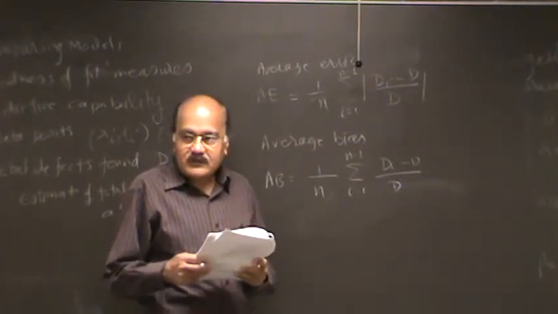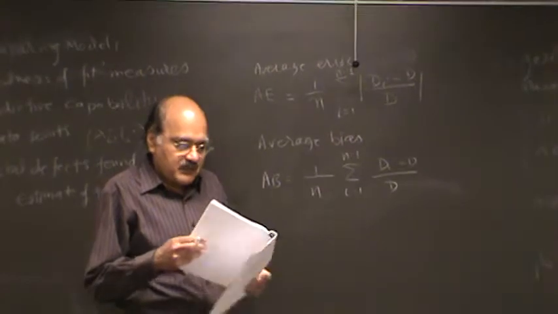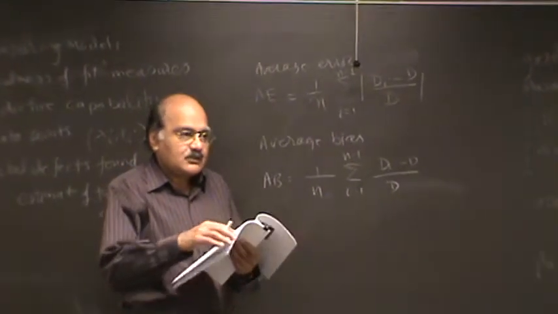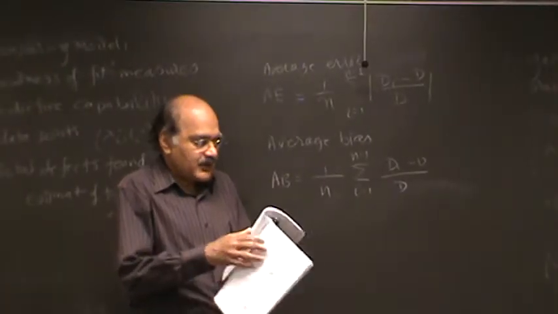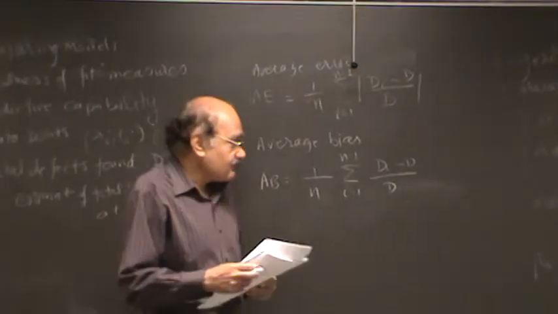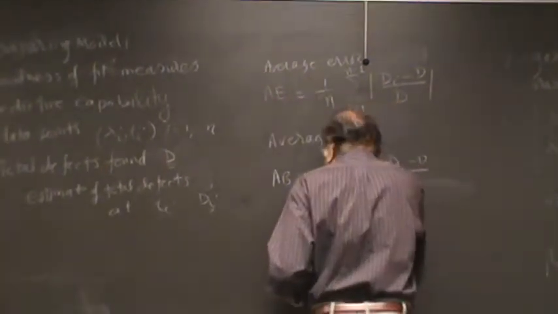So this is what we did. We compared a number of reliability growth models. Two of them we have seen. So let me show you the plot that we got.